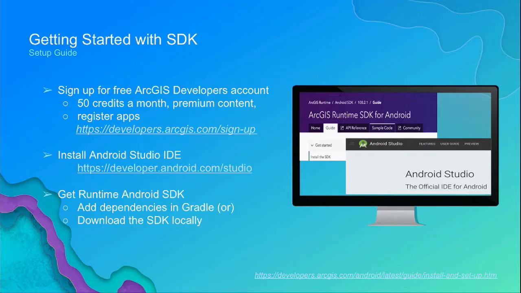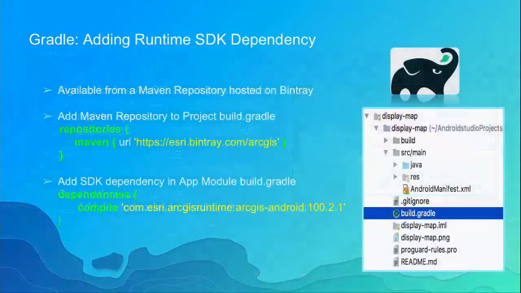So to understand what I mean by getting the SDK through Gradle, if you start creating an app in Android Studio, you create an empty project. If you go to the root Gradle file of your Android project, you will have a build.gradle file.